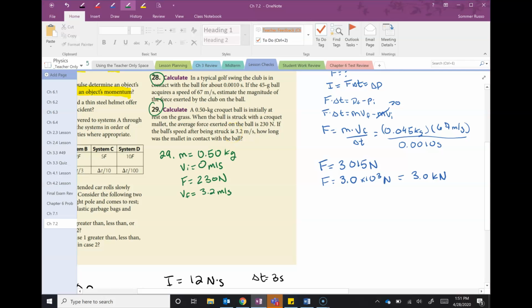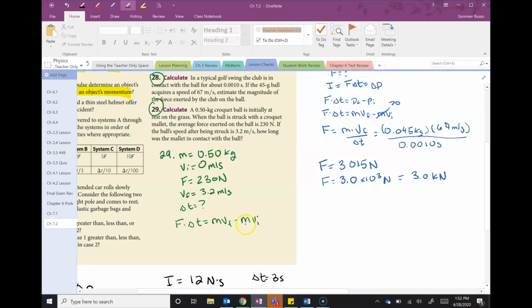How long sometimes can talk about distance or x. In this particular case, you have to use context clues to realize that we're talking about time here. How long is time? So we're looking for that delta t. Hopefully you realize based on the variables we have, we're running into the same sort of problem as we had before. So we are looking at that force times our time interval is equal to mvf minus mvi.